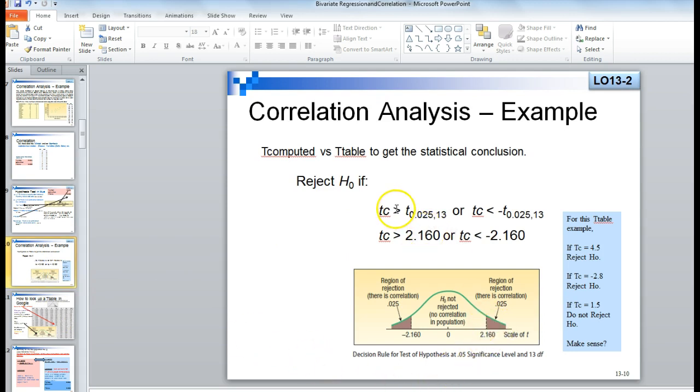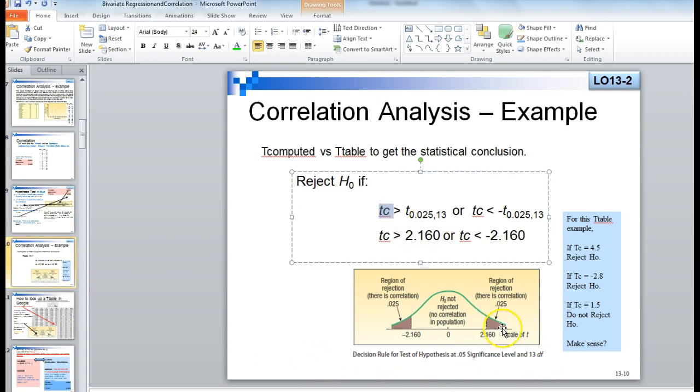If my T computed is, say, 6, then I would reject. If my T computed is 1, then it's a do not reject because it's in between a positive 2 and a negative 2. If my T computed lies in here, it's a do not reject. If my T computed lies beyond this 2.16, it's a reject.